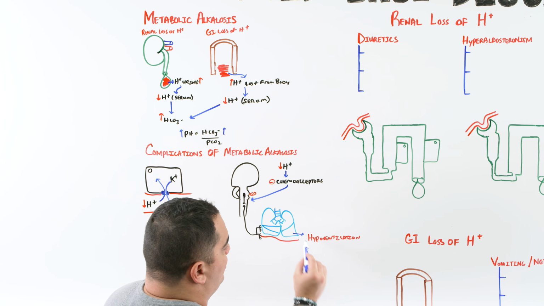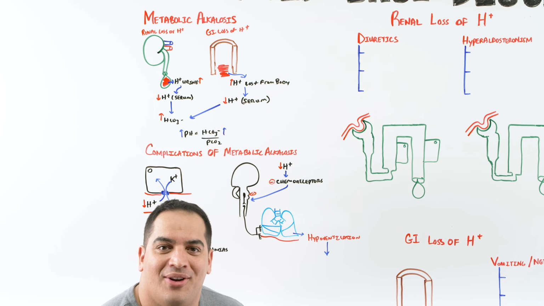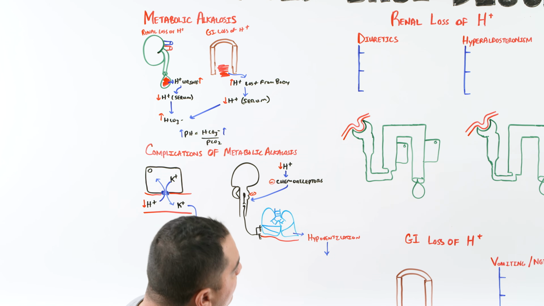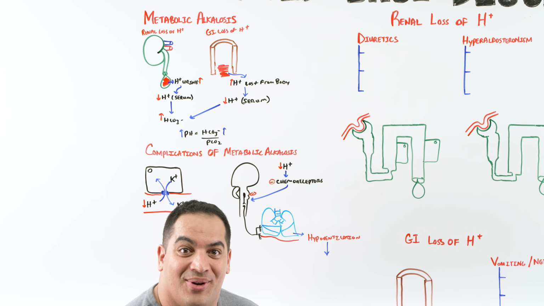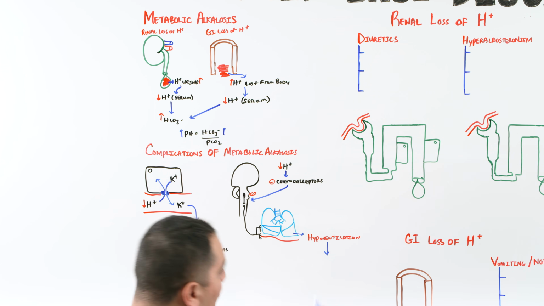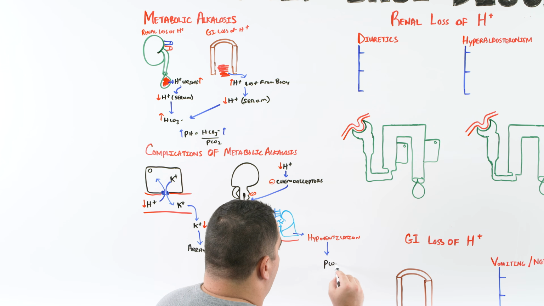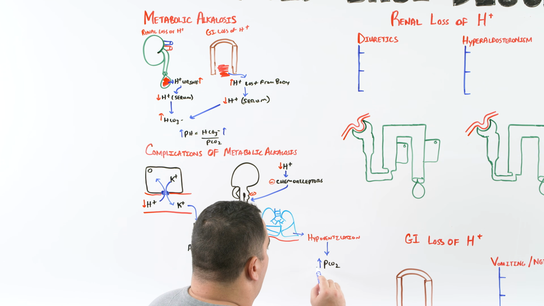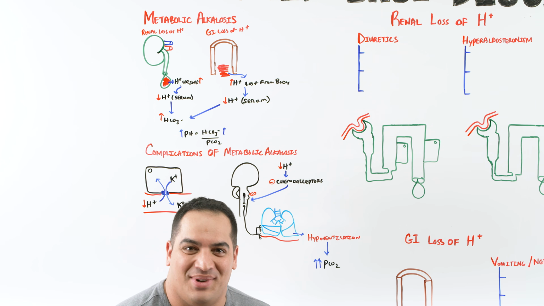Hypoventilation will lead to less gas exchange. Whenever there's less gas exchange, the patient will build up their CO2. So in this hypoventilation, you'll see that the patient's partial pressure of CO2 will go up, and they'll generate a respiratory acidosis in this particular scenario.